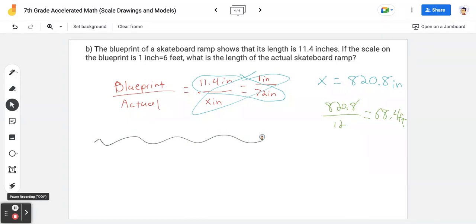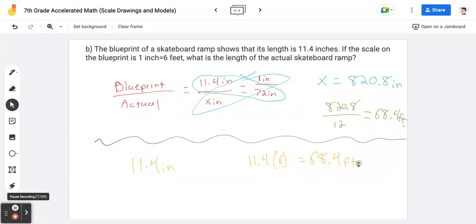So that's one way we can go about solving that using our proportion, just like we have done before. Another method would be to use that scale. If I know that the length is 11.4 inches, and I'm given that 1 inch is equal to 6 feet, what would happen if I multiply 11.4 by 6? 11.4 times 6 is 68.4 feet.